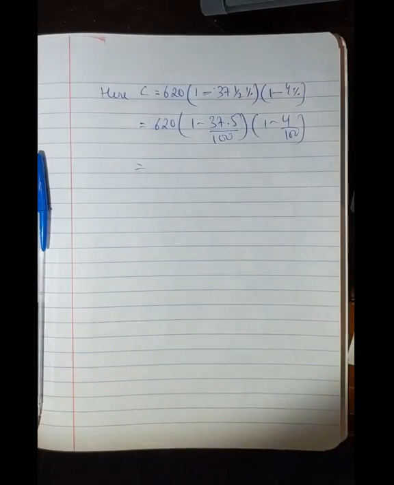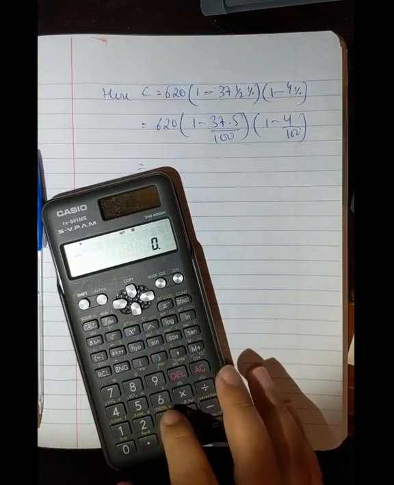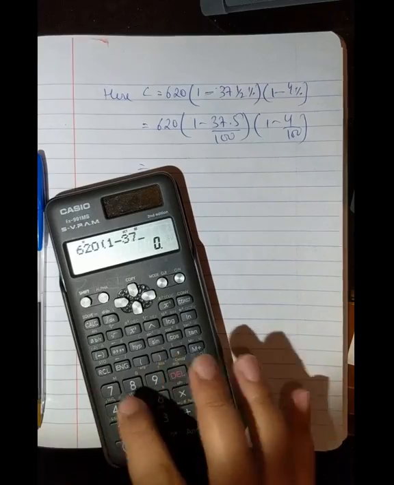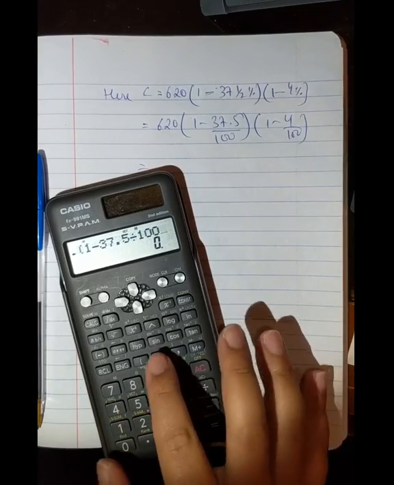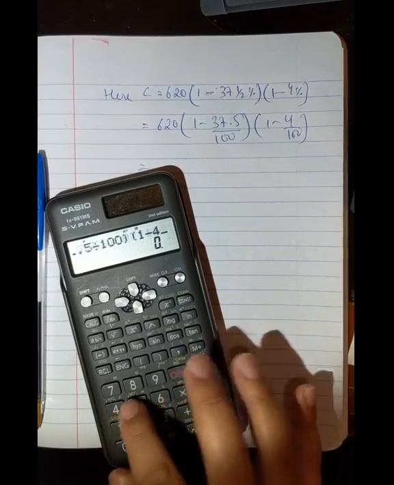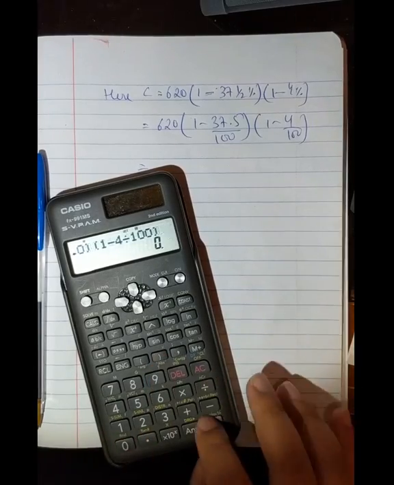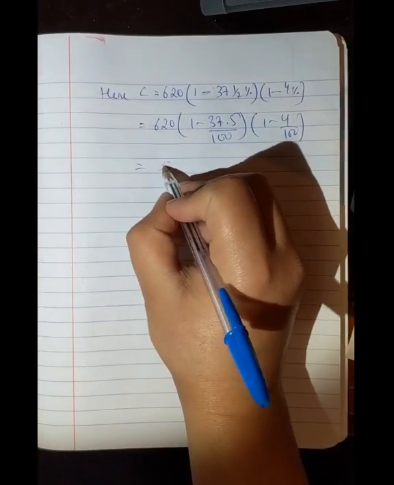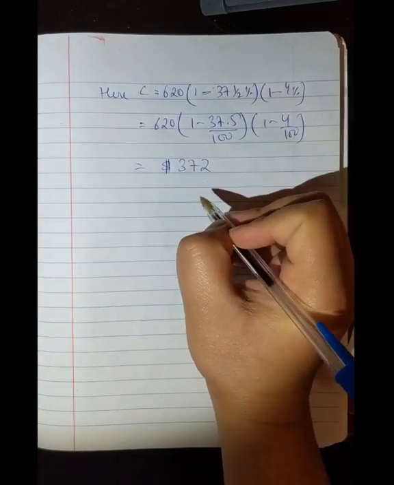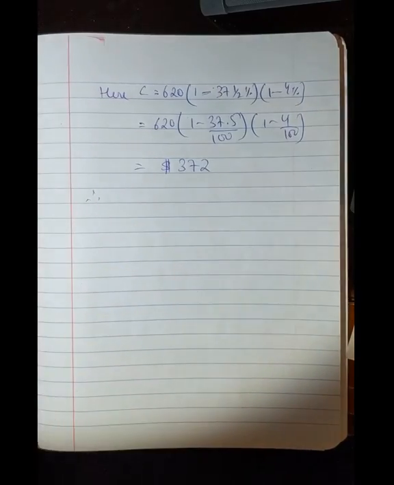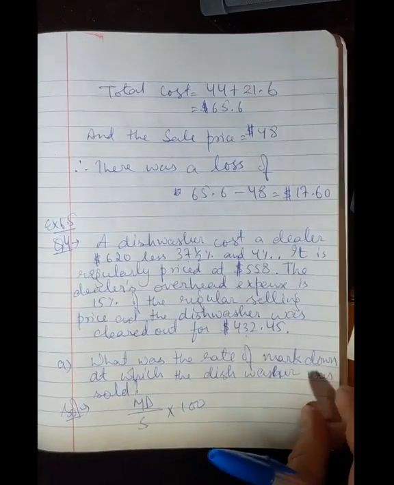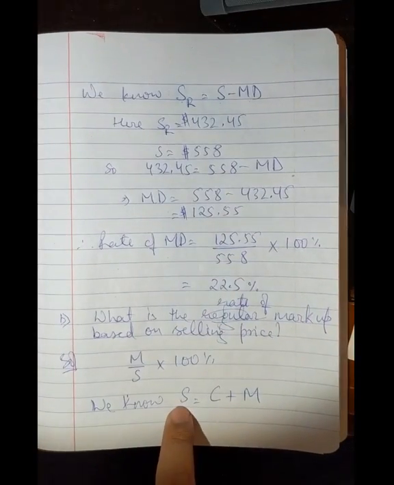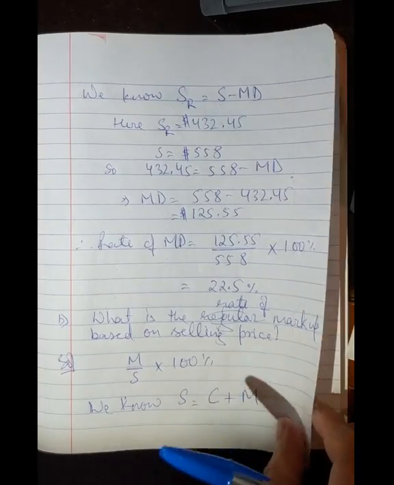Easy, right? So 620 times bracket 1 minus 37.5 divided by 100 bracket close, times bracket 1 minus 4 divided by 100 bracket close. It gave me 372. So the cost is 372. Therefore selling price is 558.